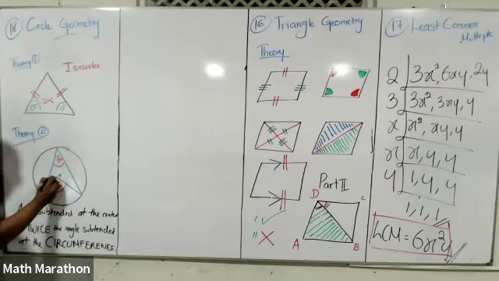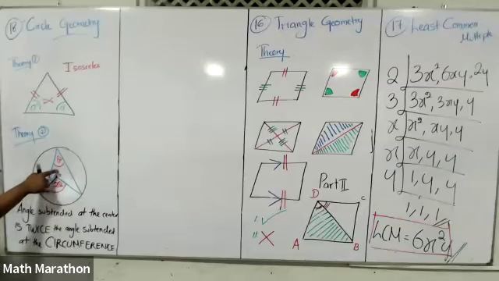The angle at the center is double, and at the circumference it is that.